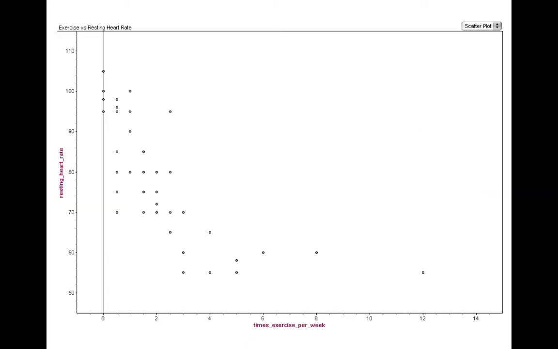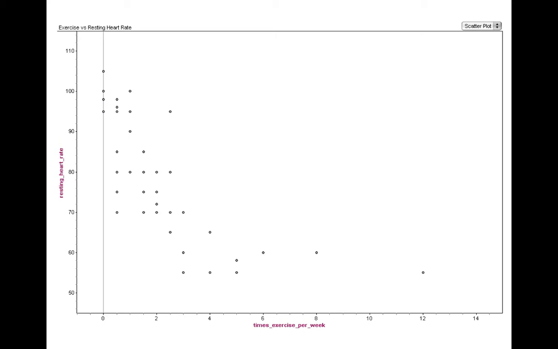Here's another graph. Exercise versus resting heart rate. So if we were to try to talk about what's happening here, it seems like the resting heart rate goes down the more times you exercise per week, according to this data, because the trend seems to be going from the upper left to the lower right.